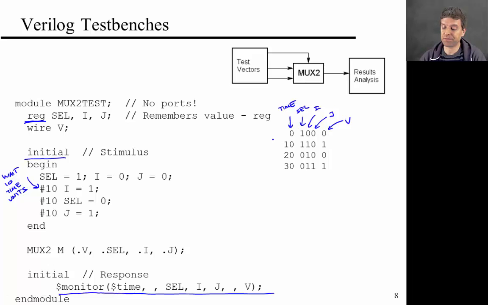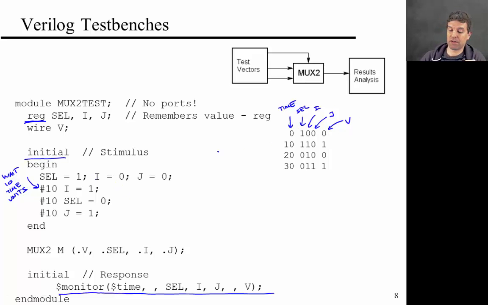At time 0, I set the selection input to 1, I to 0, j to 0, so that's what that is. And V is 0. The way this multiplexer is set up is that if I set the select input to 1, I choose to copy the data from incoming channel I.